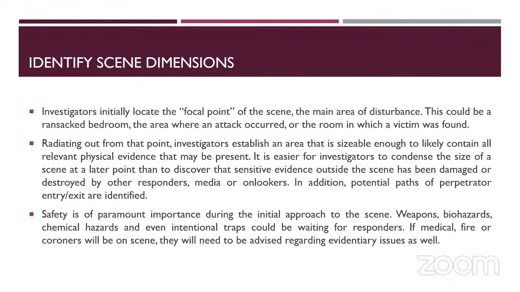Or the area where an attack has occurred, say a case of assault or battery, or the room in which the dead body of the victim or an injured person was found. That could be the focal point for the investigation.